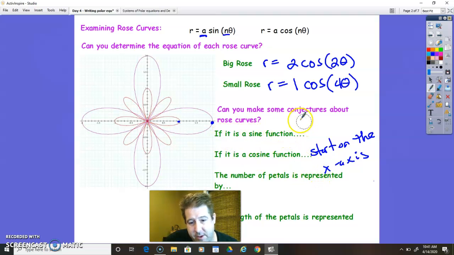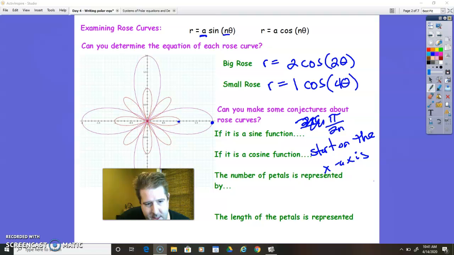If it's a sine function, it doesn't start along the x-axis. It's always going to start at pi divided by 2n. The number of petals will determine whether or not it's an even or odd n.